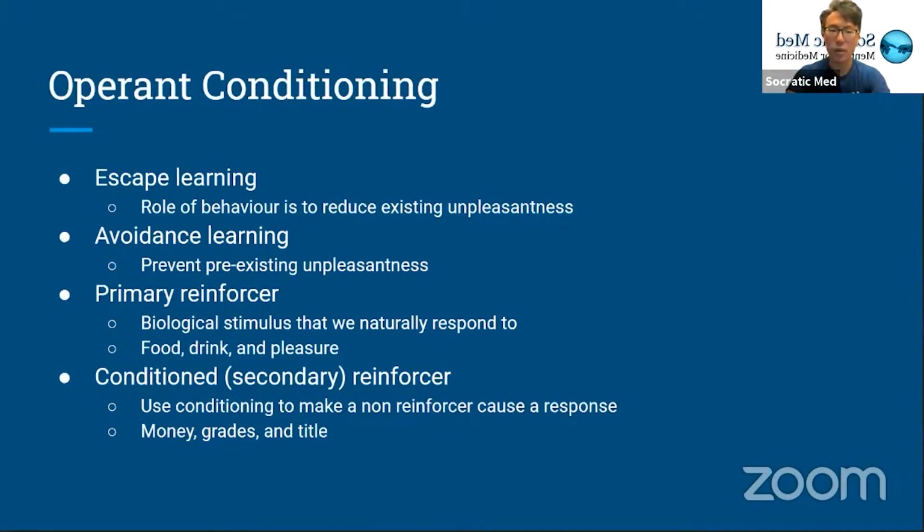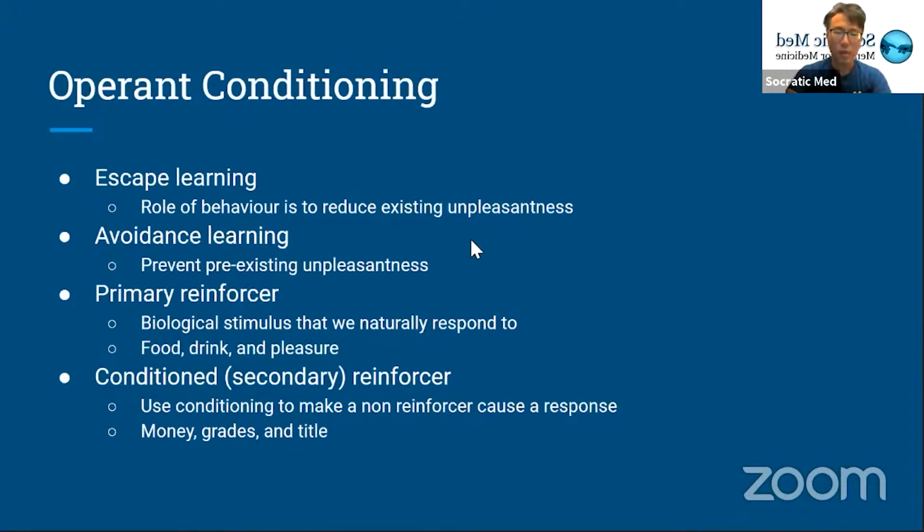While avoidance learning is when you're trying to prevent some unpleasantness, so you're trying to avoid a bad consequence. Escape learning is you already have the bad consequence right now and you're trying to reduce or eliminate it. While avoidance learning is you're not currently in that bad condition, but you're trying to avoid being in it.